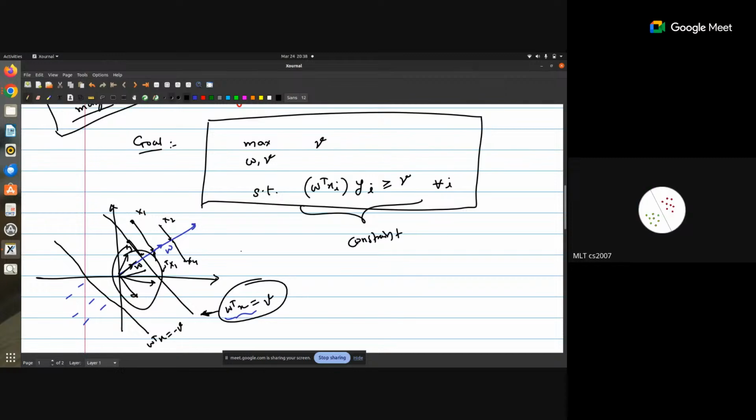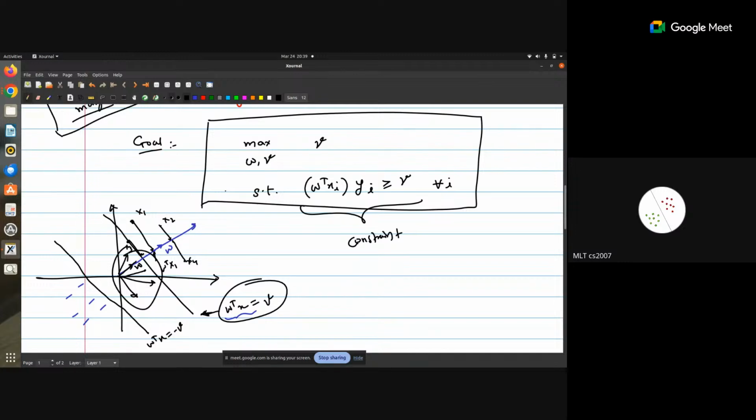Okay, so now the next question is, this was the problem for me. Let's say I can select any W. W is a vector, right? We can choose anything, like let's say 2W, 3W, 4W, and that should satisfy the condition.